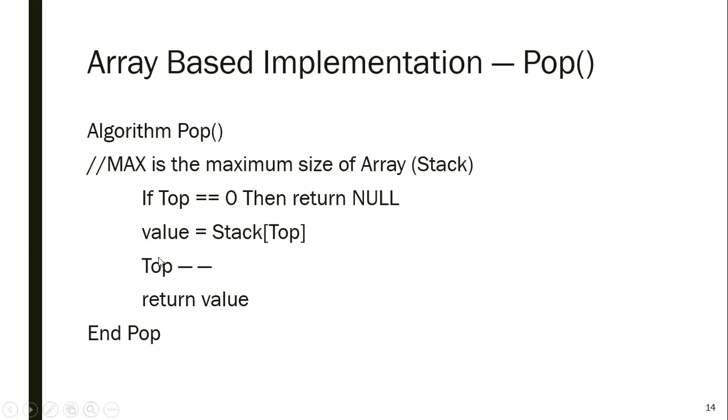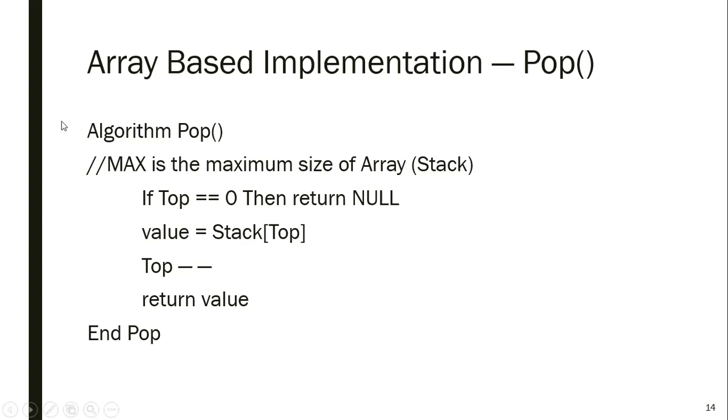Otherwise, whatever the value is on the top, you will save it and return it. But to make that value not accessible, you will decrement this top index or position variable, whatever you call it. Here, just consider it a position.